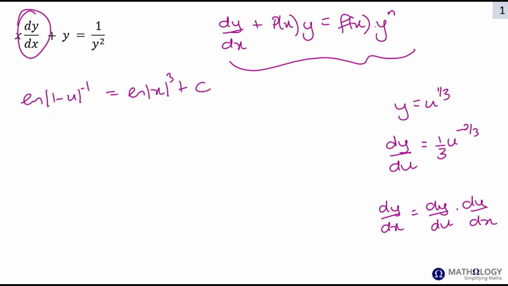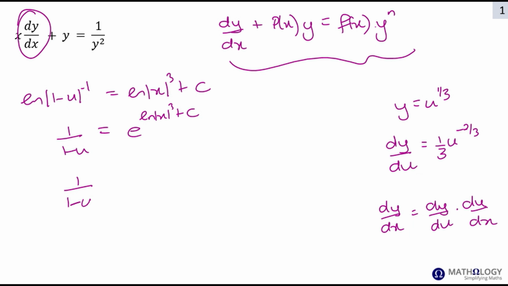Okay, we're going to drop the logs now. So we'll have 1 over 1 minus u equals e to the ln x cubed plus c.